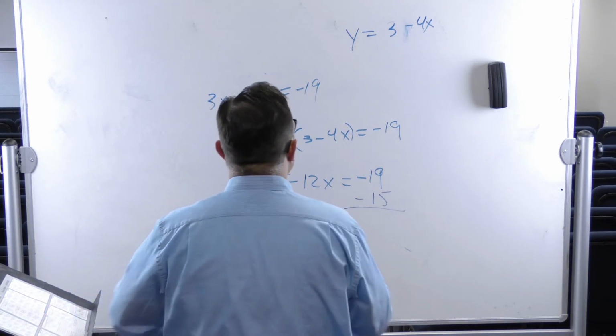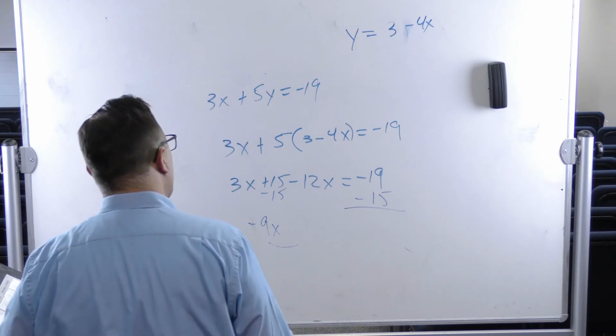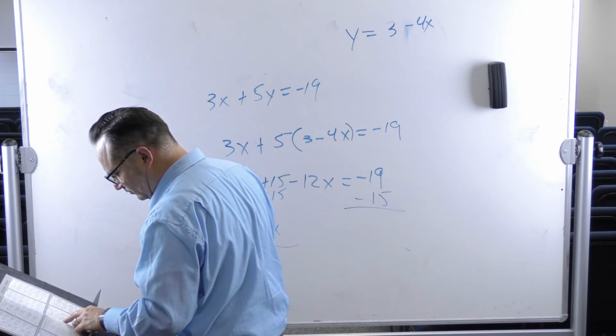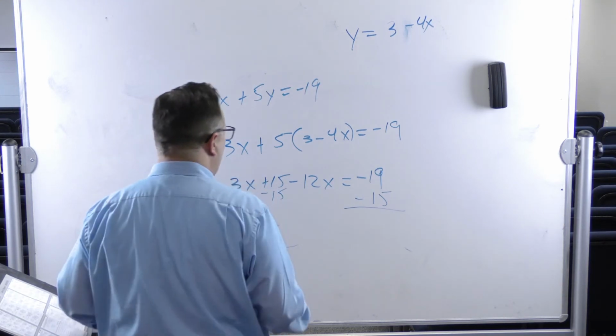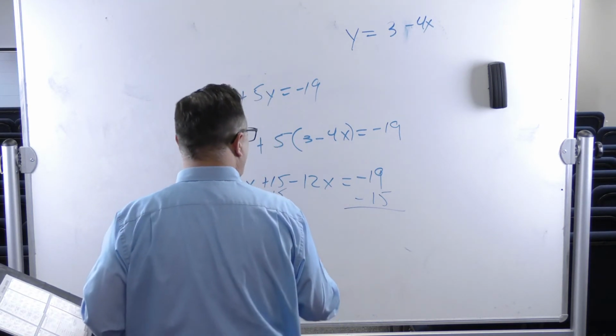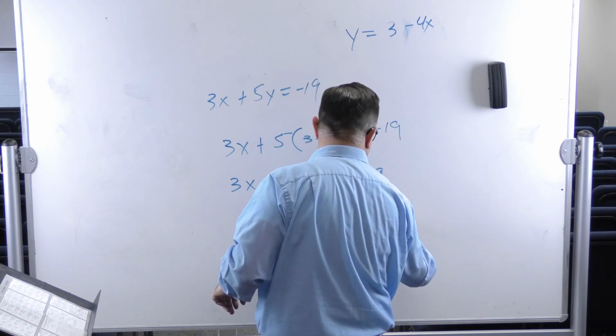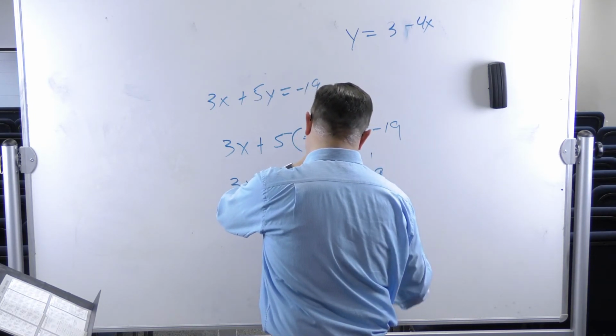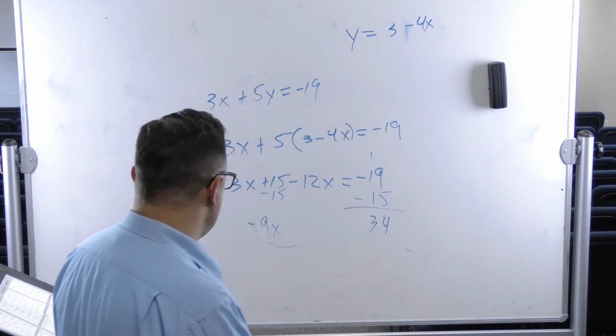Somehow I did something wrong. Look at my original problem, see what I did wrong here. Let me just solve, make sure I'm not wrong. It looks like I'm wrong, though. So this is going to be 9 and 15 is going to be 34, right? Yeah, see, that can't be right because it's negative 19, 15.